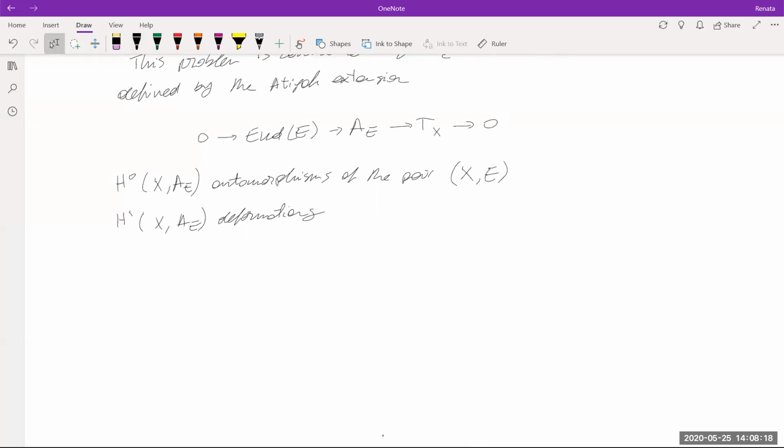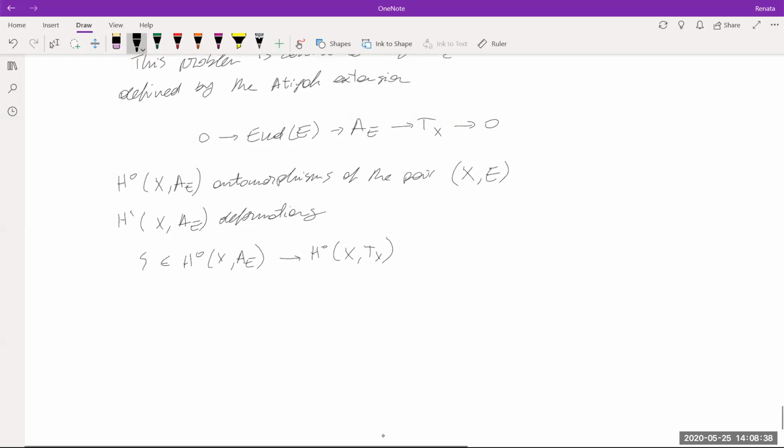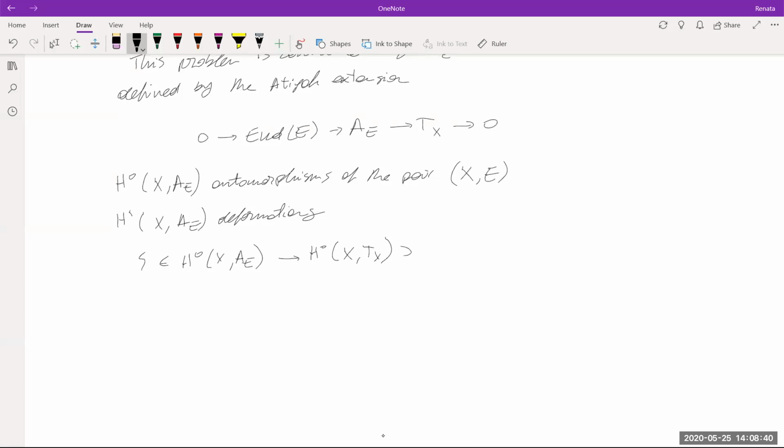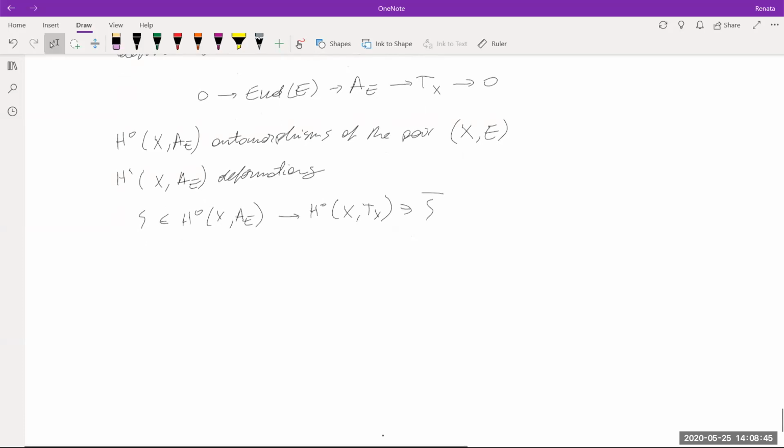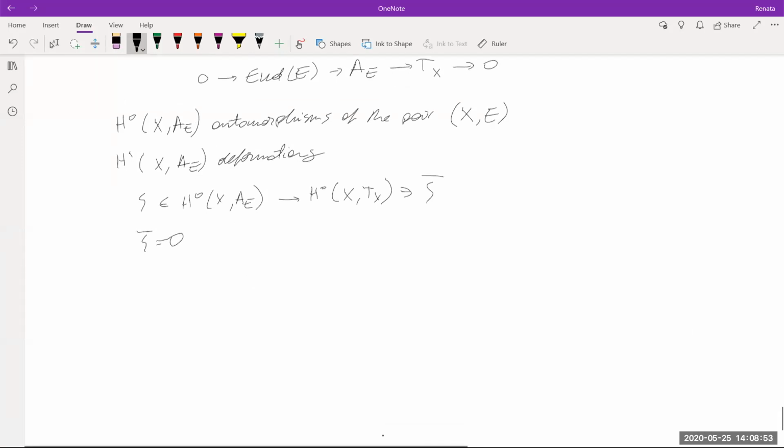And the nice thing is that taking some element of the automorphisms of this pair and mapping it down to this, one just remembers the automorphism of the base of this pair, which is an element of H0 T_X, and if this is 0, then the automorphism is just an automorphism of the bundle.